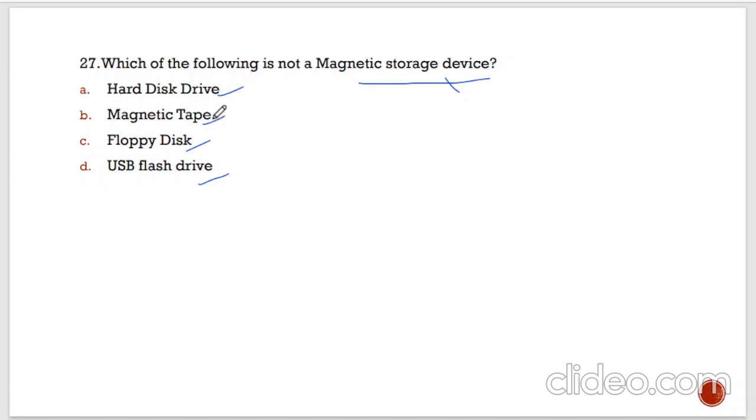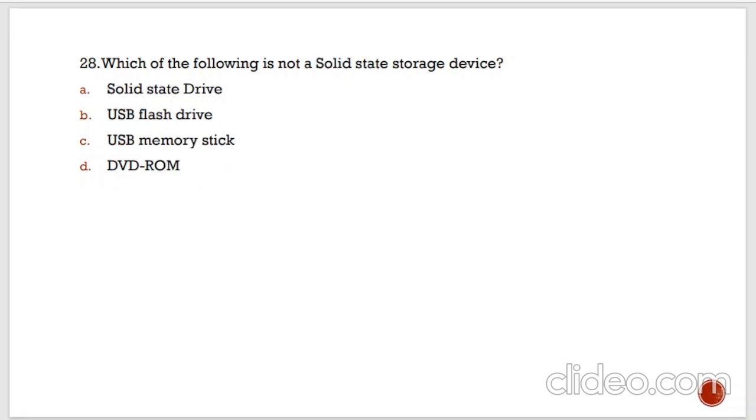Magnetic tape obviously uses magnetic storage technology. Floppy disk also uses it. But the USB flash drive uses solid state memory storage technology. So USB flash drive is not a magnetic storage device.